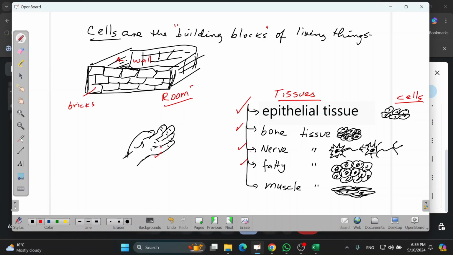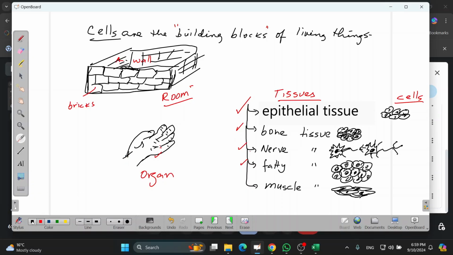Well, yes. And then all these tissues group together to form an organ. See what I mean, guys? Which in this case is a room in your house, right?